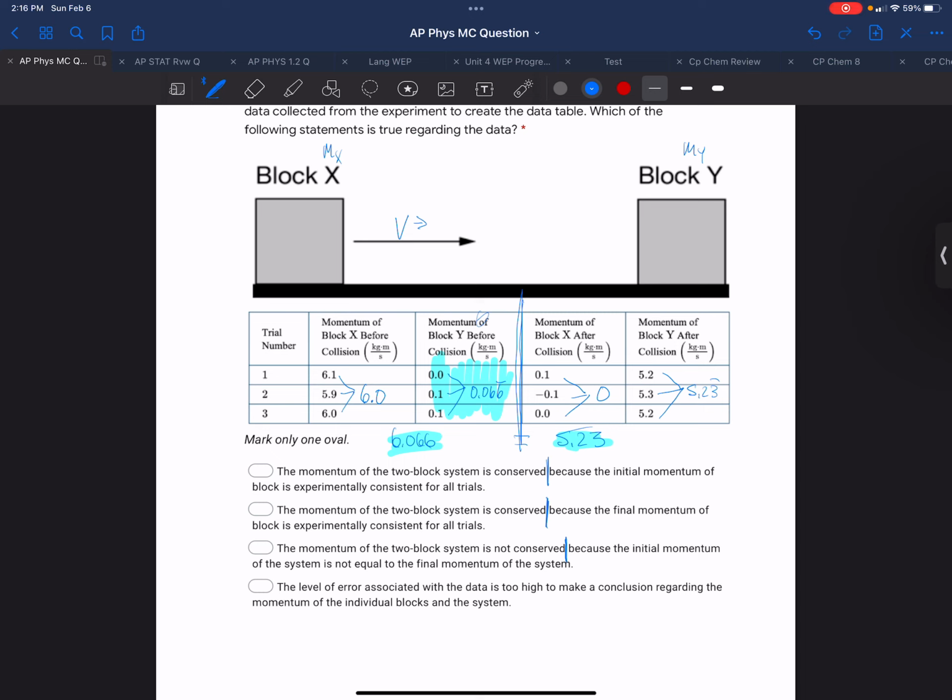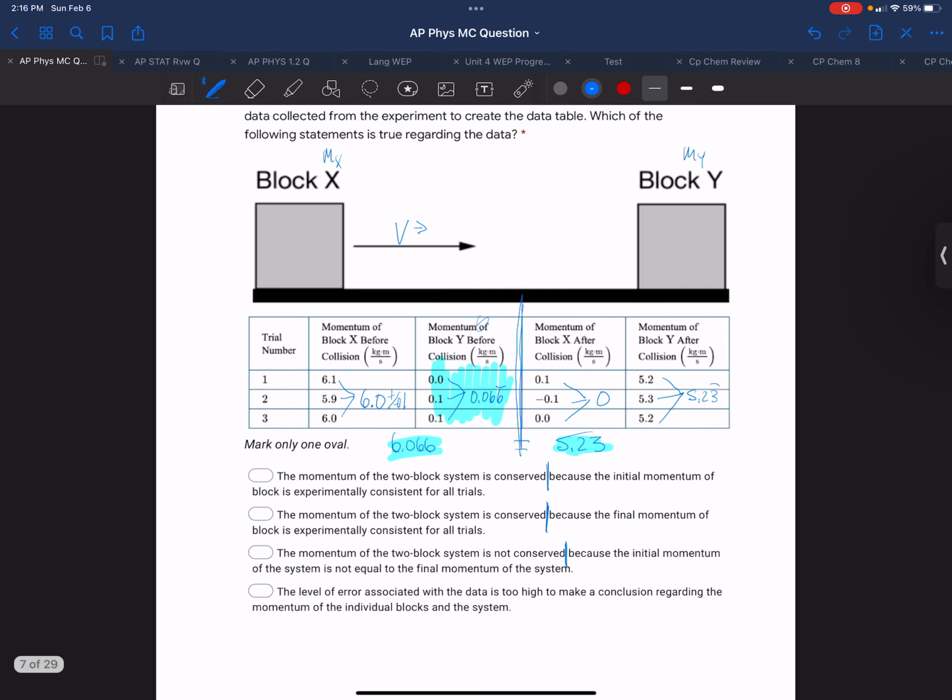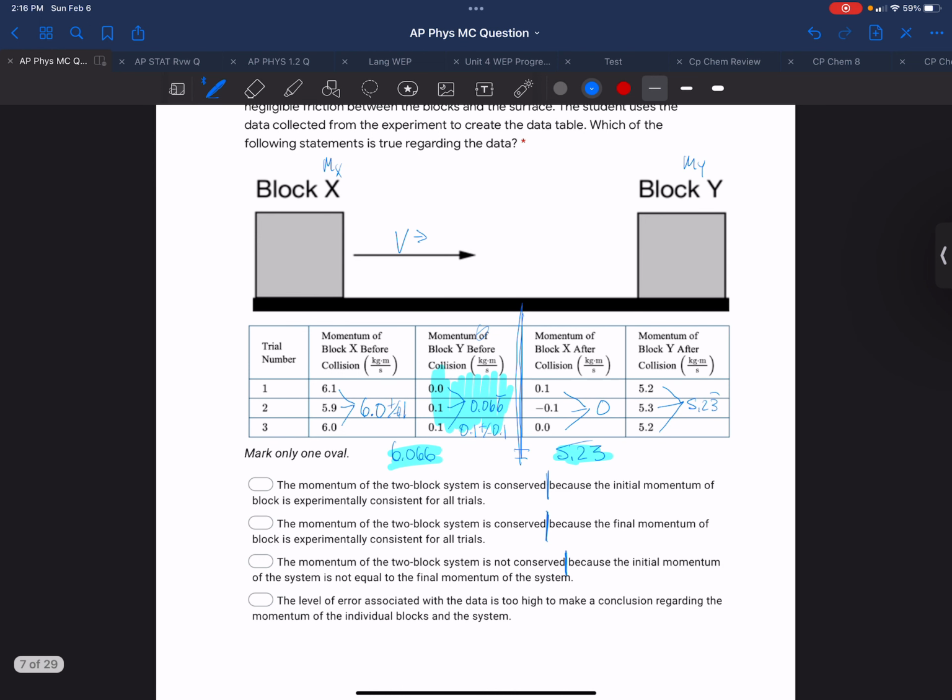Now, if we look at the level of uncertainty, we might say this is 6 plus or minus 0.1. And these values here are 0.1 plus or minus 0.1. And this value here is 0 plus or minus 0.1.